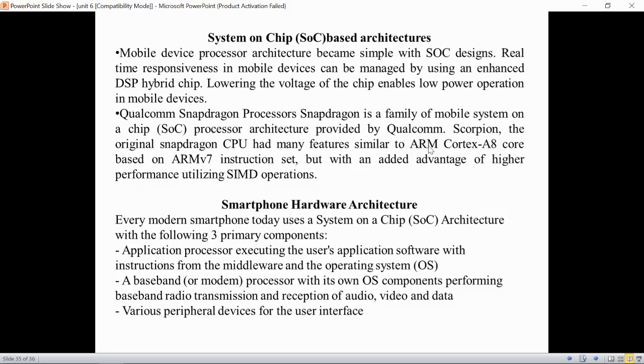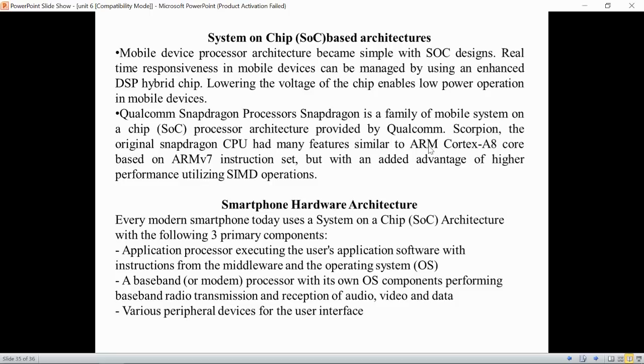All the things which are required to perform the tasks are on a single chip. You don't have any different wireless LAN module like in your computer. You don't have any dedicated different thing for input output.